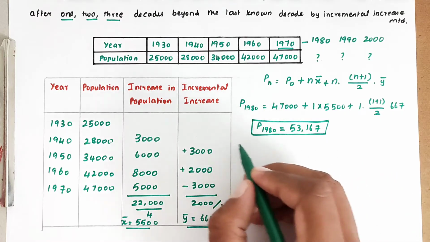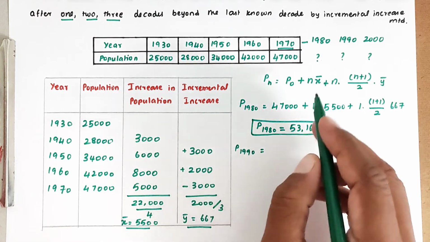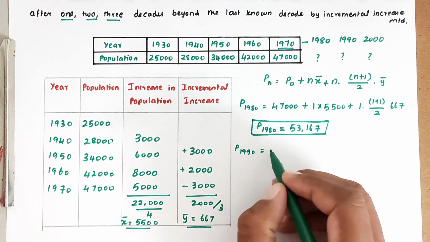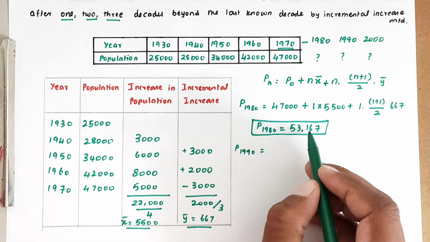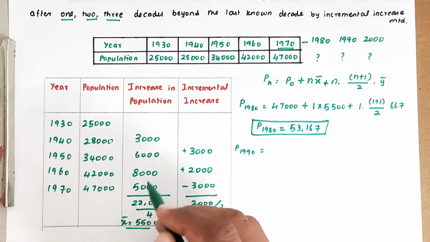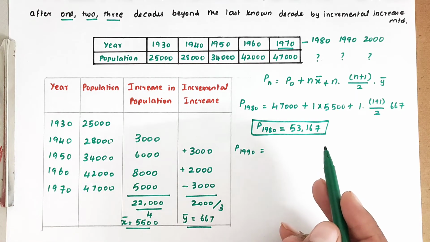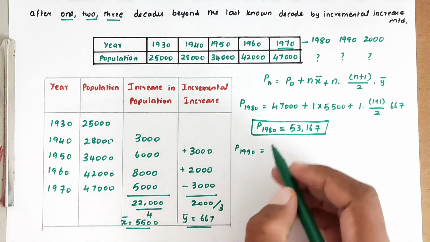Next is the population of 1990. Now the n value is 2. Although we could use 53,167, we take 1970 itself as the base, so we substitute directly.